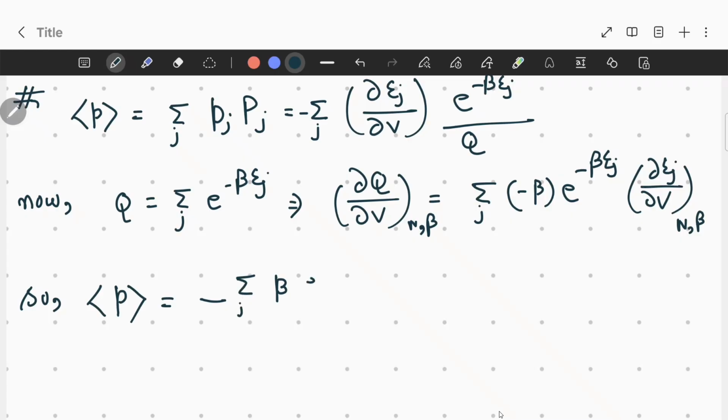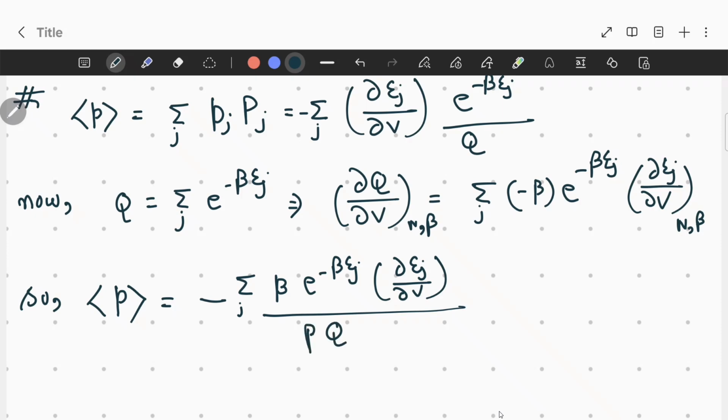So it is beta Q. Now this part can be written as 1 by beta Q del Q del V at constant N and beta.